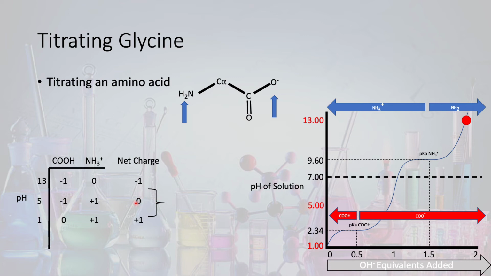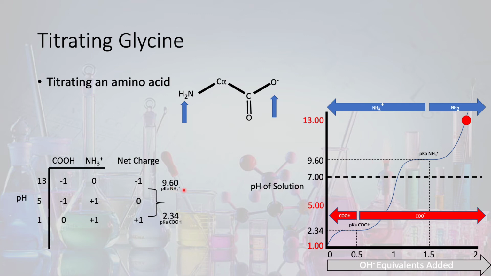So this 0 is technically just an estimate because we're not sure exactly where between 13 and 1 an absolute 0 charge is. So luckily for us, we have a way to determine this. And we can determine this by looking at pHs between the pKa of our quaternary amine, 9.6.